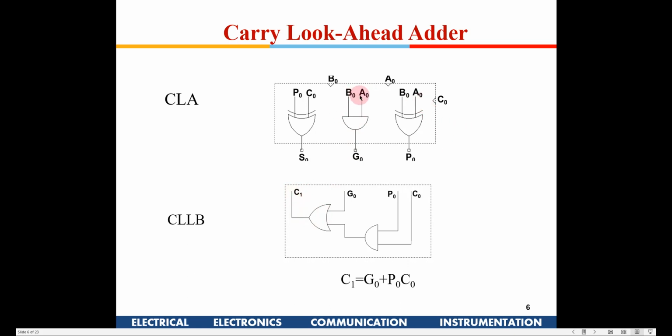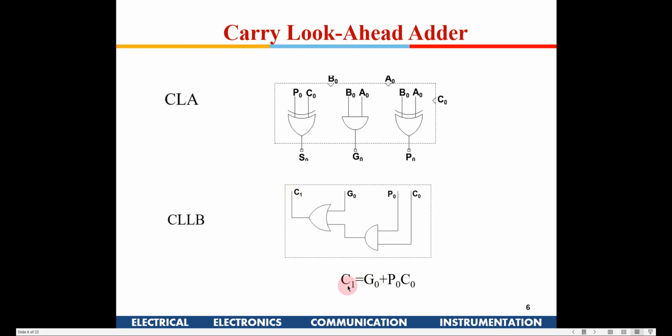Now suppose only one of them is 1, then the generate will not be generated. In that case A0 B0 will generate a propagate. And then if only one of them is 1 and carry is also 1, then there will be a 1 here, and that 1 through an OR gate will be available here, right? So you will have a 1 gate delay, 2 gate delays, and in 3 gate delays I will get the carry out here.